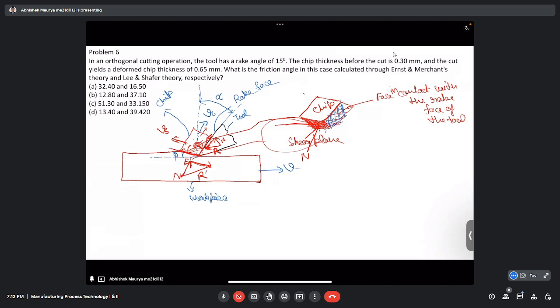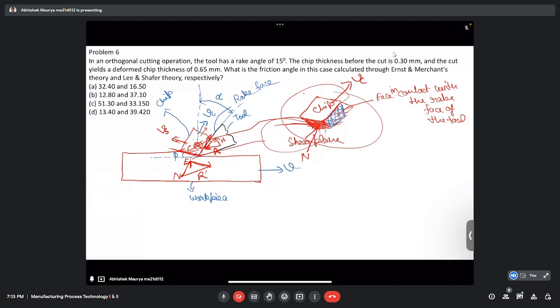So the chip is facing forces at two different contact faces, but the chip is moving at a constant velocity, that is Vc. So the chip is not experiencing any kind of acceleration. What does it mean? It means the net force on the chip is zero.